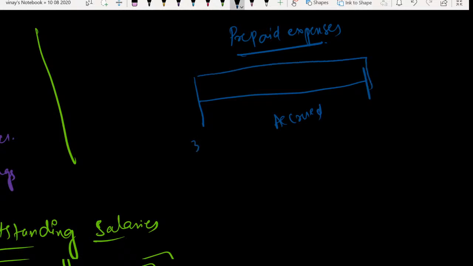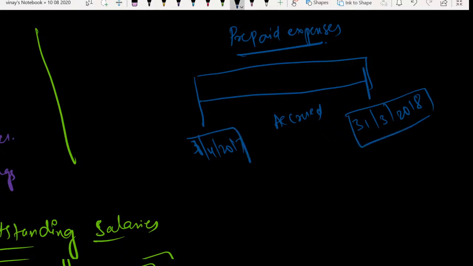Means if you started from 1st April 2017 and it ends on 31st March, you have to track the transactions which were accrued only during the year. Okay, accrued means it has been done in this particular year.